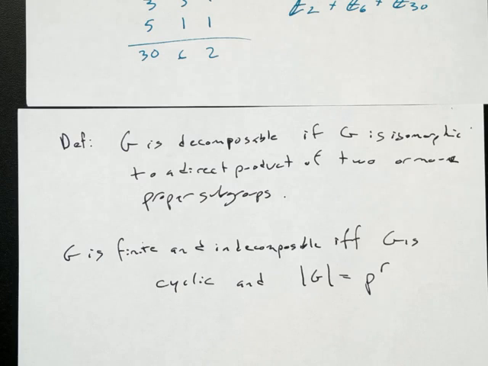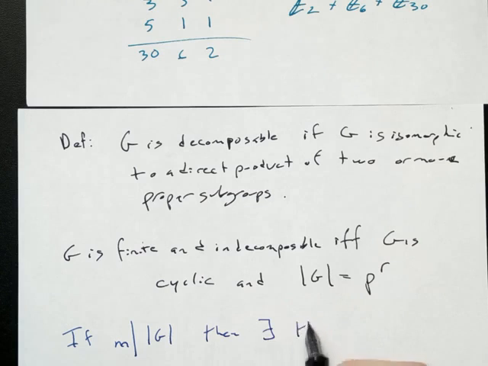By the way, this gives rise to subgroups. If I have a number M that divides the order of my group, then there exists a subgroup of that order.